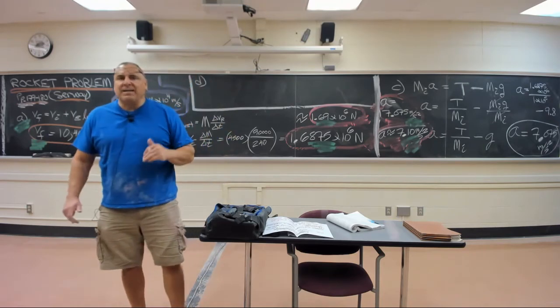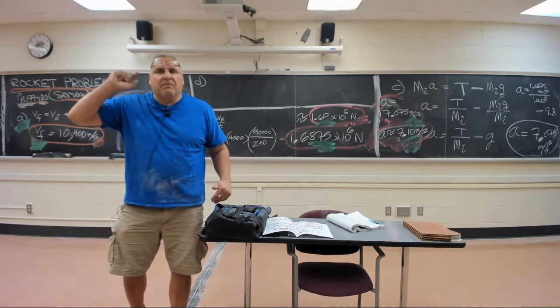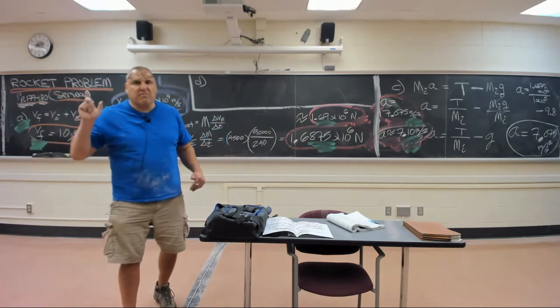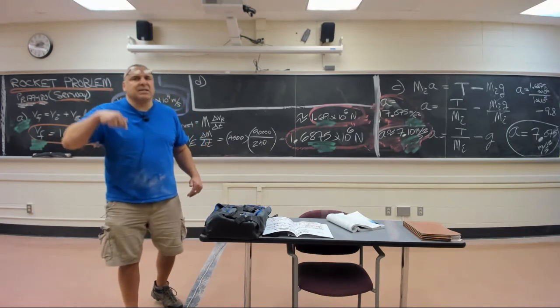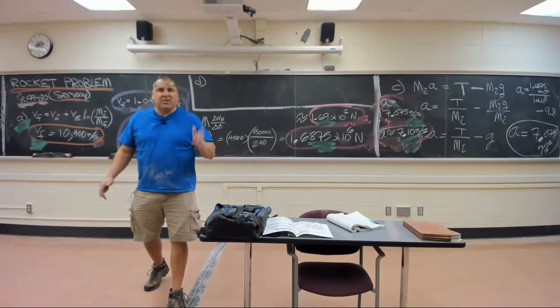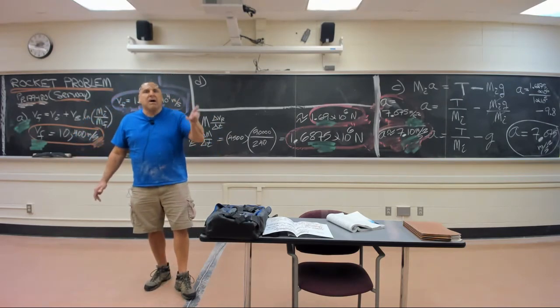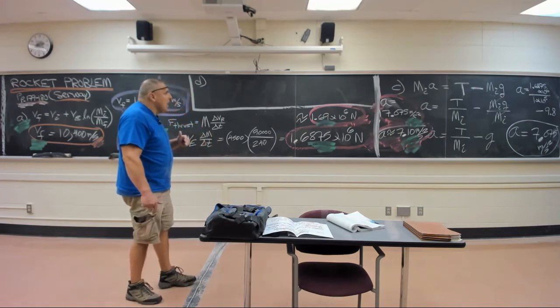Delta M divided by delta T is a constant. VE, the velocity of the exhaust in terms of magnitude, is also a constant. A constant times a constant is another constant.